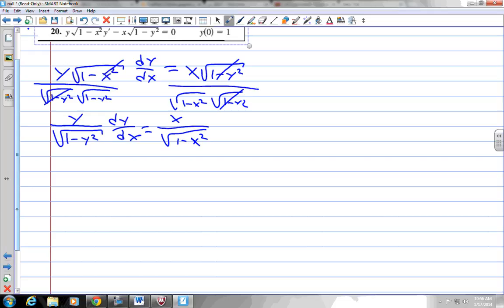Well, I can get dx on the other side, and I'm very happy, right? y is on one end, x on the other end. It looks like I can do a substitution when integrating, right? Multiply both sides by dx to get y over the square root of 1 minus y squared dy equals x over the square root of 1 minus x squared dx.